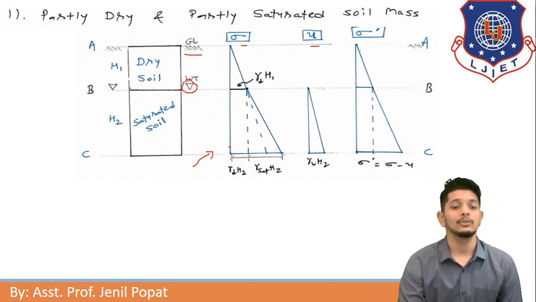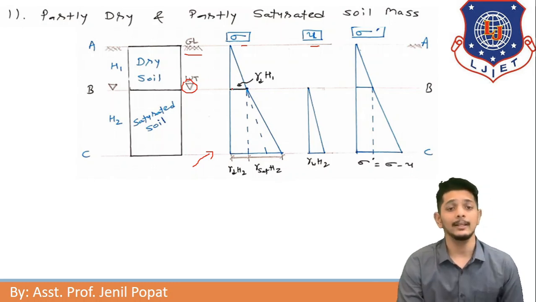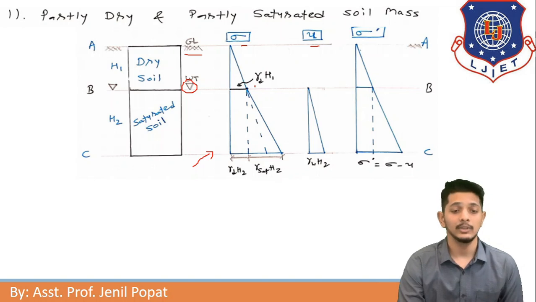So let us understand total stress. Above line AA there is no load, so there will be zero pressure. Now coming to line BB, at line BB there is some pressure of the dry soil up to height H1. What is the stress there? That is gamma d, unit weight of the soil, into height of the soil, that is gamma d into H1.